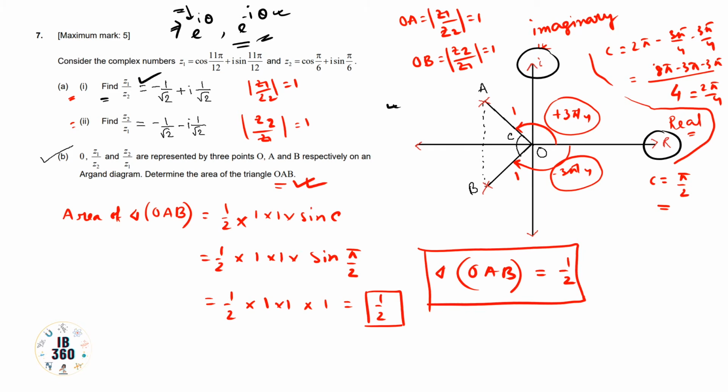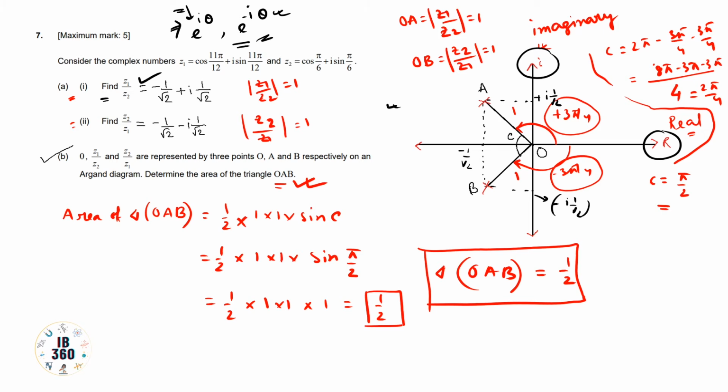So basically A is nothing but z1 by z2. Now on the real axis, somewhere here, this point is minus 1 by root 2, and if we construct it, it will be plus i 1 by root 2, and this point will be minus i 1 by root 2.